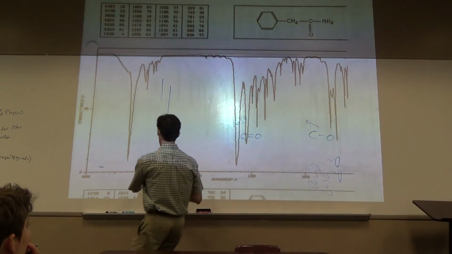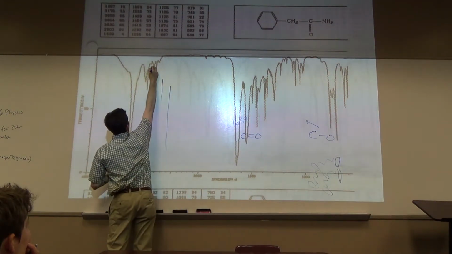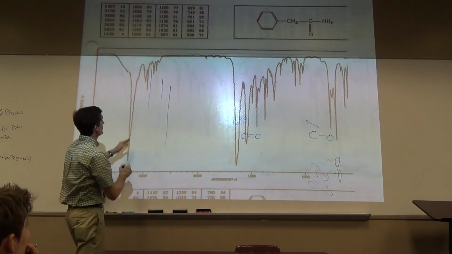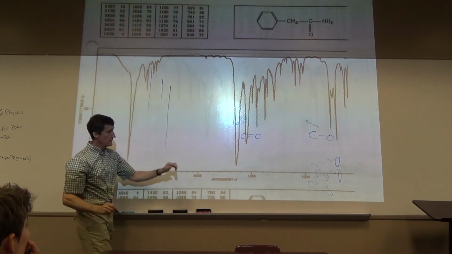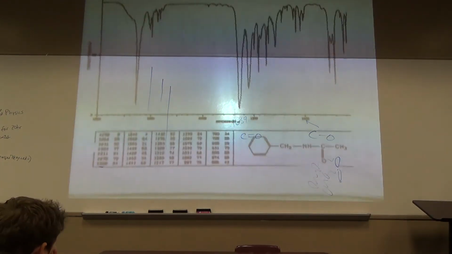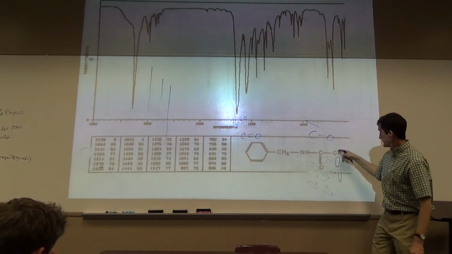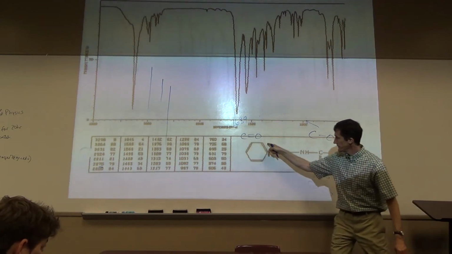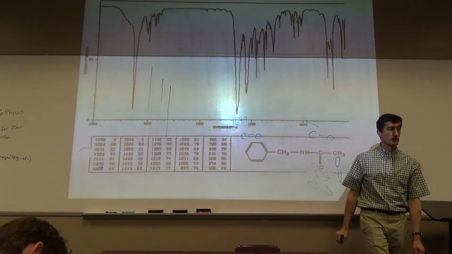This one, I think, you've got peaks on both sides, because we have both sp3 CH and then the sp2 CH around the ring.